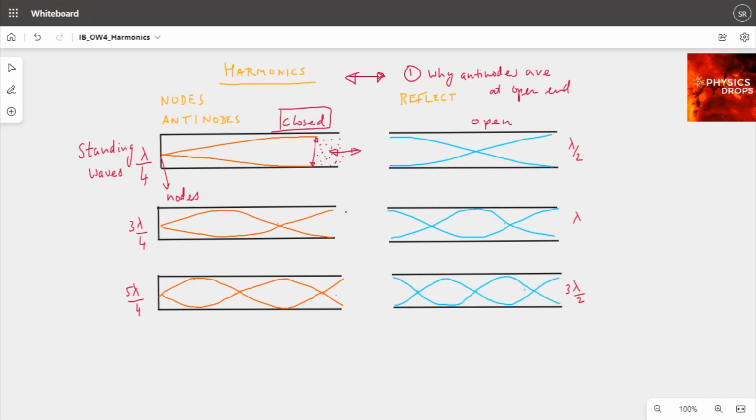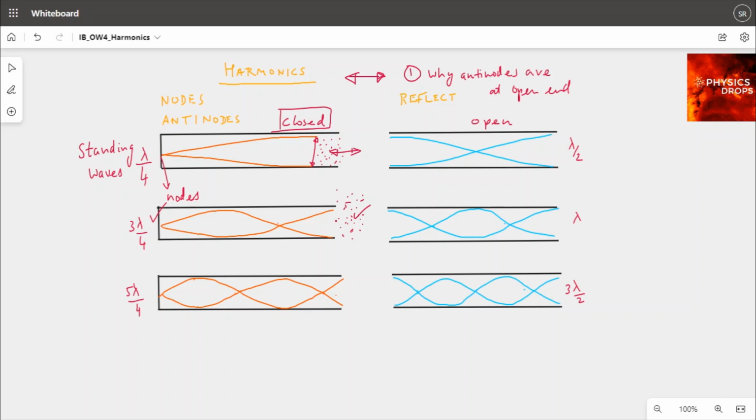Now, the reason these antinodes are formed at the open end is because, as you can see, this end is open to the outer area, not inside the enclosed space. So there is a lot of free space for the air molecules to move about as opposed to the closed end. You see the closed end here, the molecules cannot move as freely as at this end.